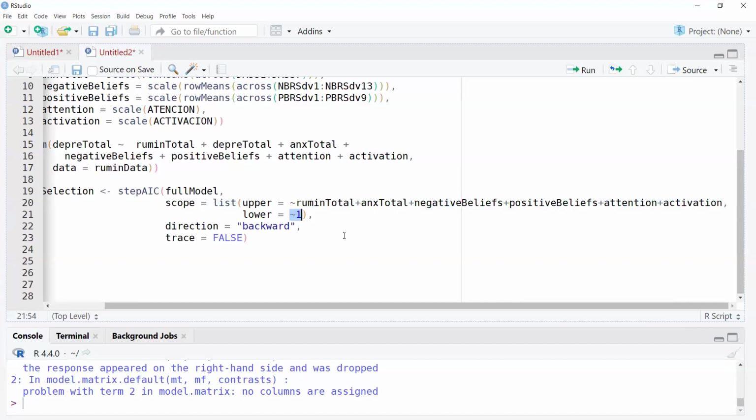So I'm telling the function, I'm going to start with a big model and you have to go towards a very tiny model. And the tiniest model is the model that has only the intercept, the model that only estimates the mean. And I say go backward. That means start with a big model and then just cut it down until it's the simplest model.